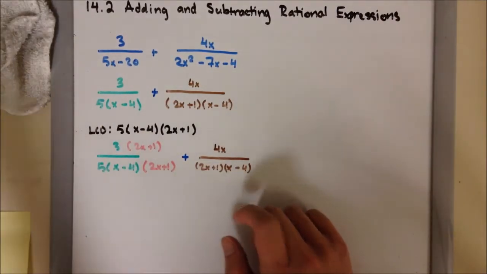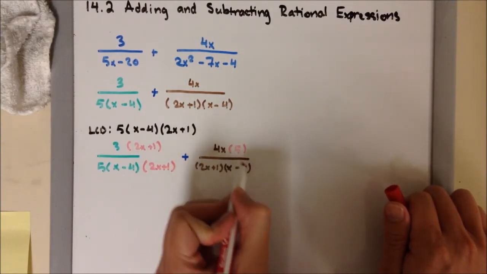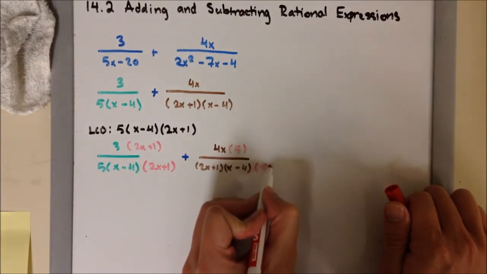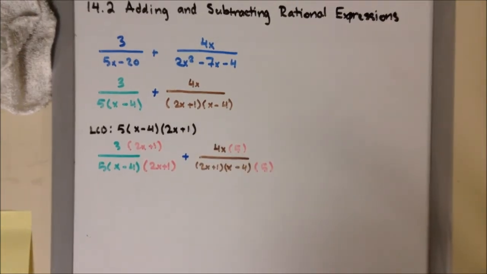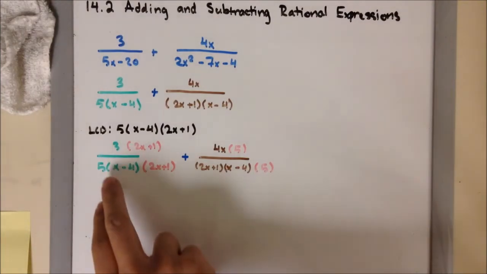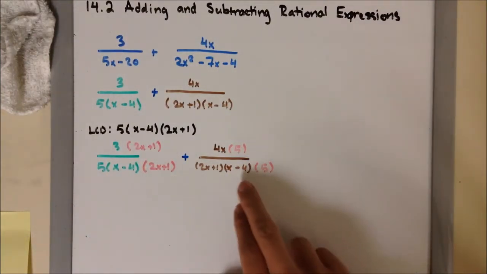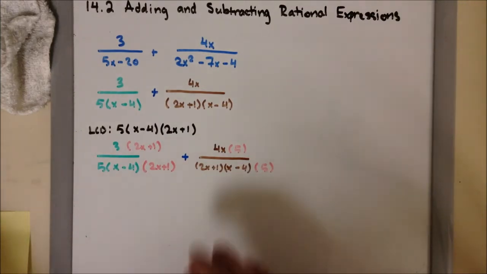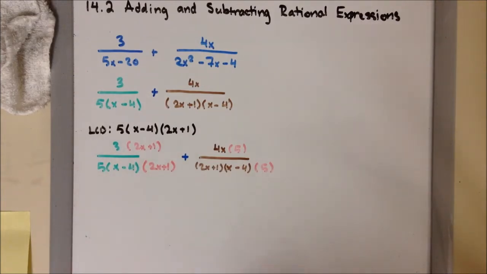So I'm going to multiply top and bottom by 5. Alright, so the first fraction, I'm multiplying numerator and denominator by 2x plus 1. The second fraction, I'm multiplying the numerator and denominator by 5. So these two fractions will have a common denominator. I'm going to leave it in factor form.